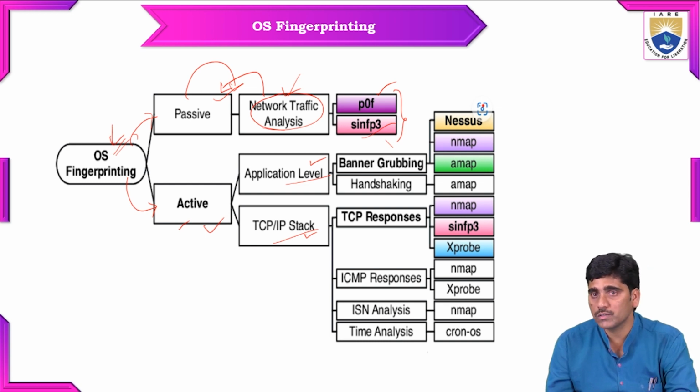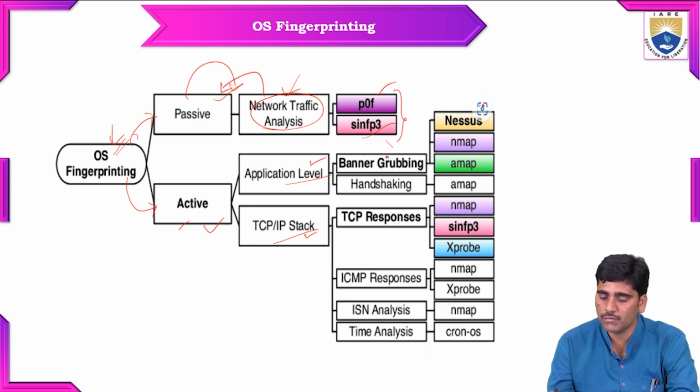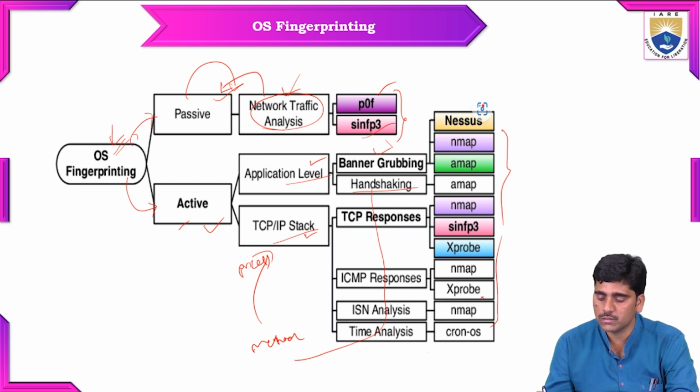These two processes use different methods: the application level uses the banner grabbing method and the handshaking method. These are the methods used for these implementations, and these are the tools used for OS fingerprinting in the active way.